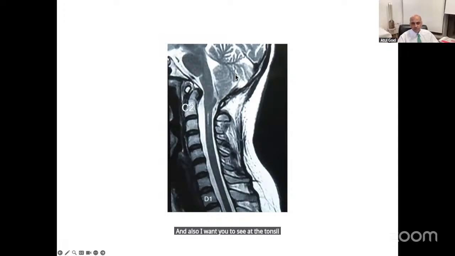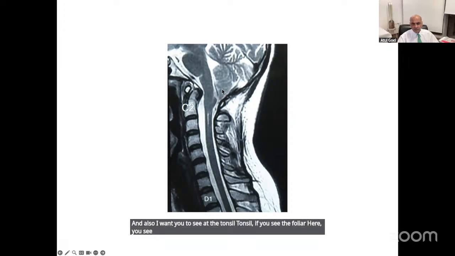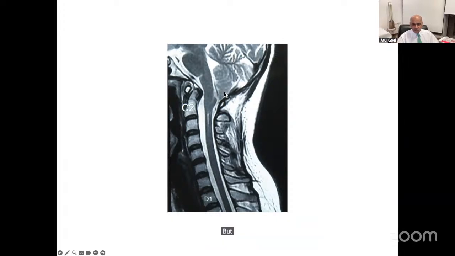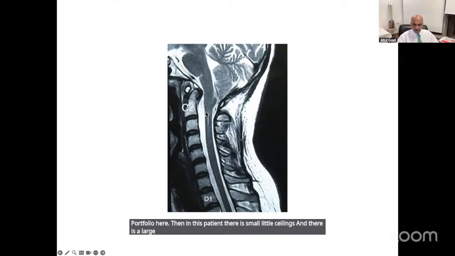Tonsil, if you see the folia here, you see there are large sulci here. But in the tonsillar herniation, this is a compact tonsil. You will not see sulci here or folia here. Then in this patient, there is a small little syrinx and there is a large fluid collection in front of the cord, which I like to call external syringomyelia.